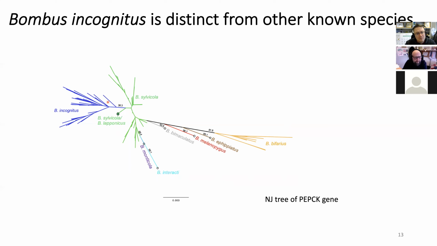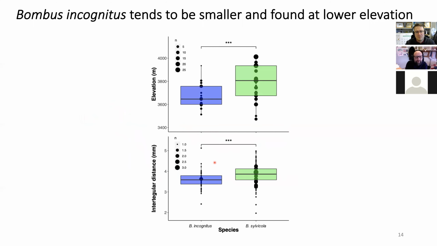So it does seem that this is distinct from samples that have been analyzed before, and we see a similar pattern using the CO1 gene.